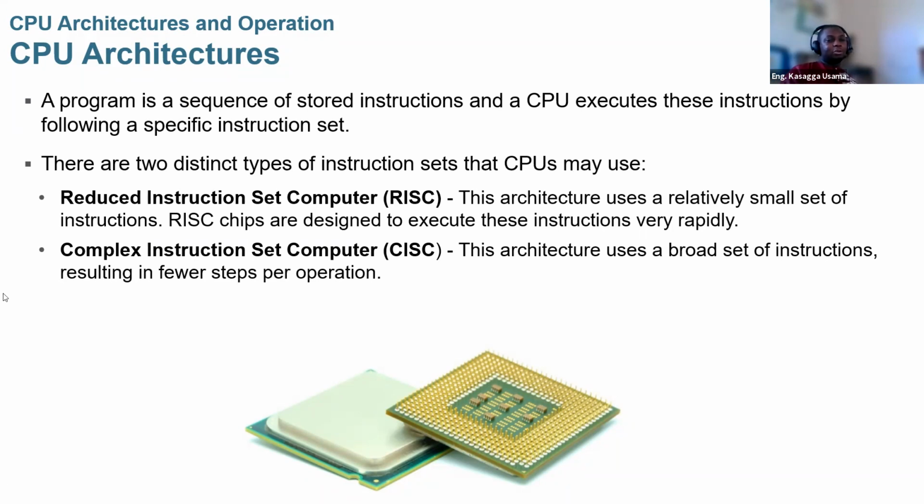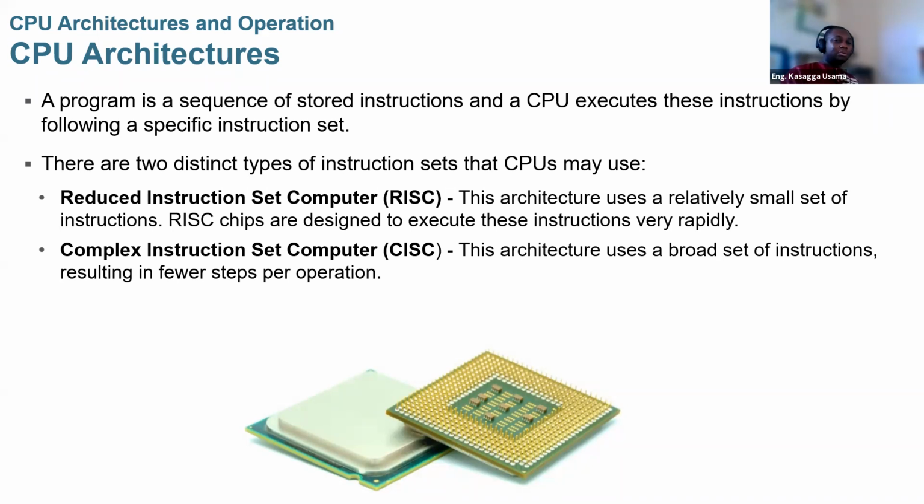When you share the concept of computers, the CPU helps you to understand what we are going to be sharing here. There are two types of architectures used inside the CPU.